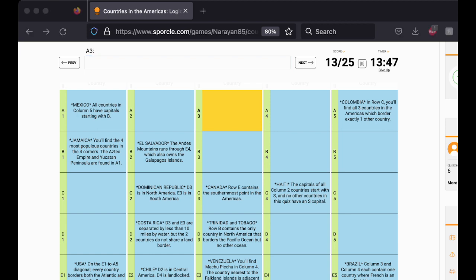I'm trying to think what other countries start with an S for the capital. So if we look at Cuba, no, that's Havana. Dominica would be Roseau.